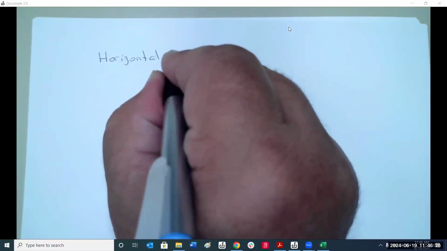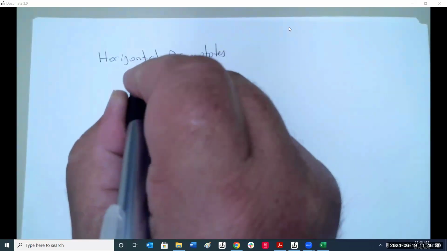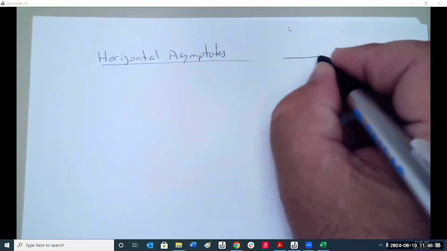All right. We talked about horizontal asymptotes and oblique asymptotes last time. How do we determine those? How do we determine horizontal asymptotes? The numerator is less than the denominator, then that's the zero.